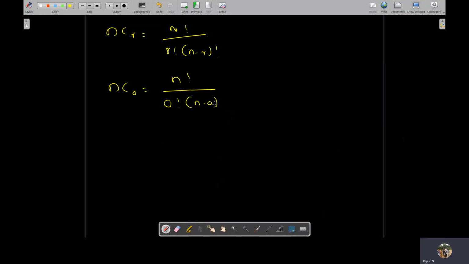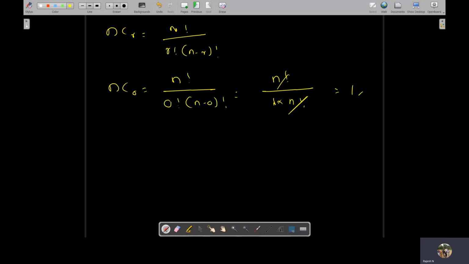Now some other properties here. What is nC0? nCr is equal to n factorial by r factorial into (n minus r) factorial. What is nC0? n factorial by 0 factorial into (n minus 0) factorial. 0 factorial is 1, so it is 1 into n factorial.